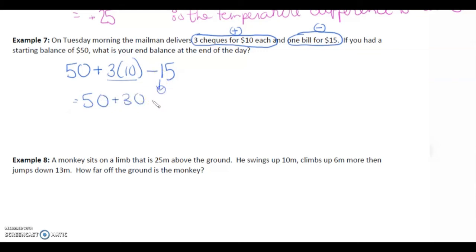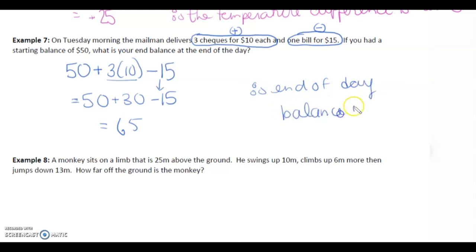And then we're just going to bring down that minus 15. And now we can just add and subtract. Okay, add and subtract in order from left to right. 50 plus 30 is 80. Minus 15 is going to be 65. So, therefore, end of day balance is $65.